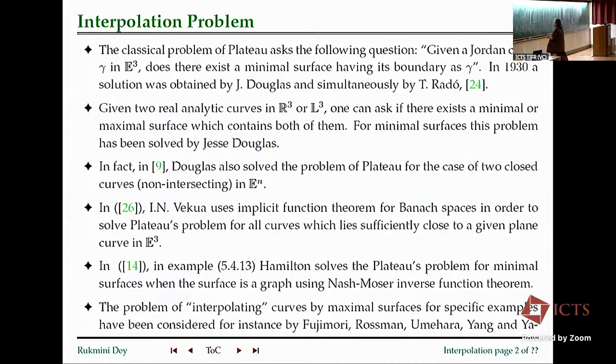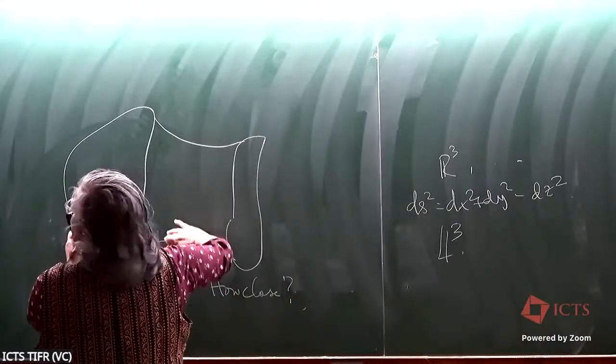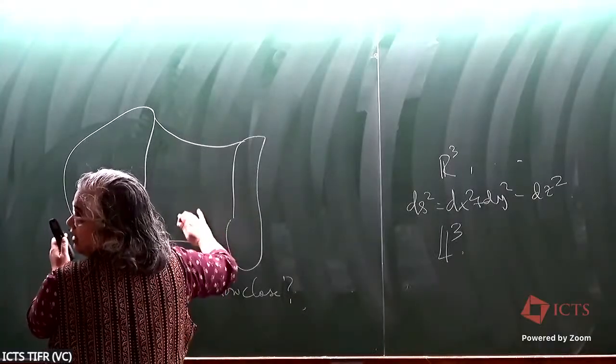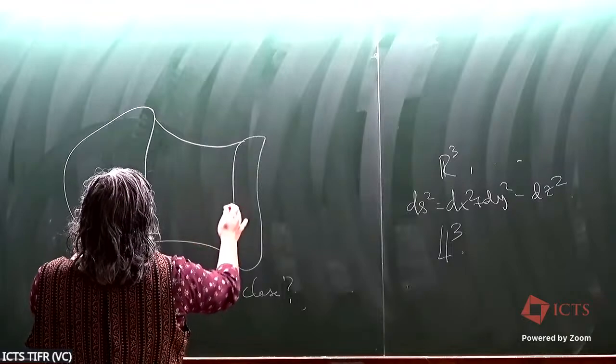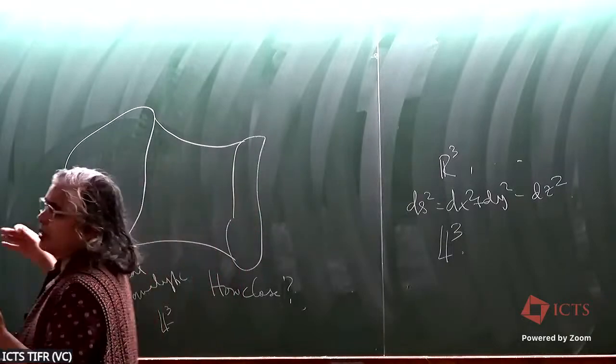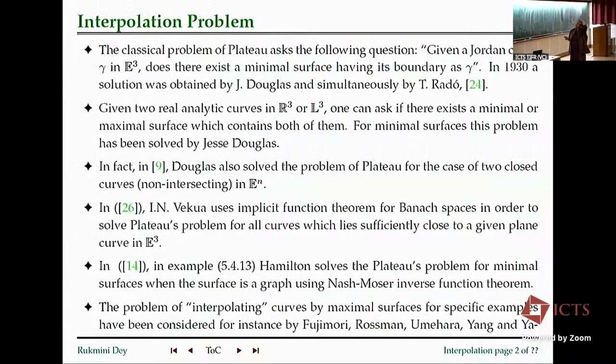Basically, the curves should be close enough so that the intermediate area should be less than the sum of the areas spanned by the graph. Which is very natural, and this was proved a long time ago, in the 1930s, by Jesse Douglas. In EN also he showed this result.